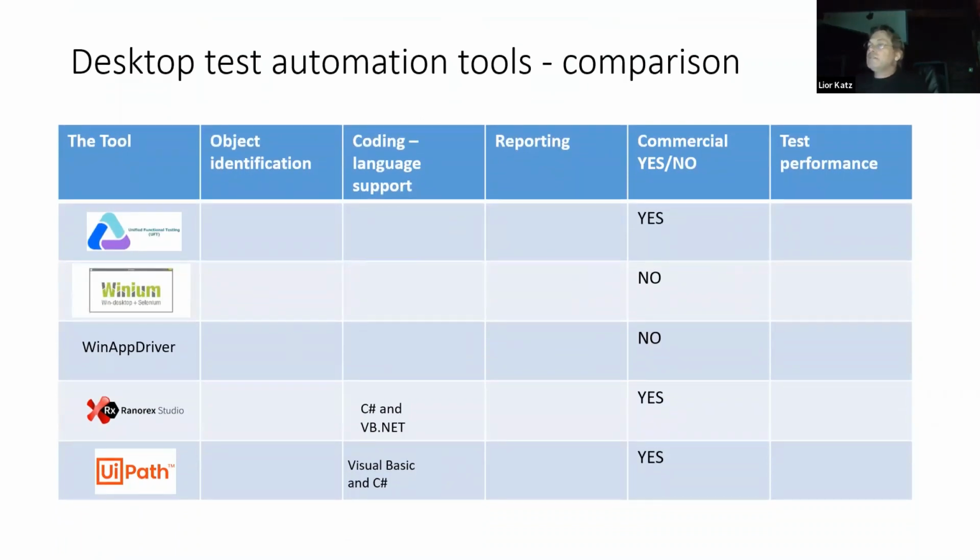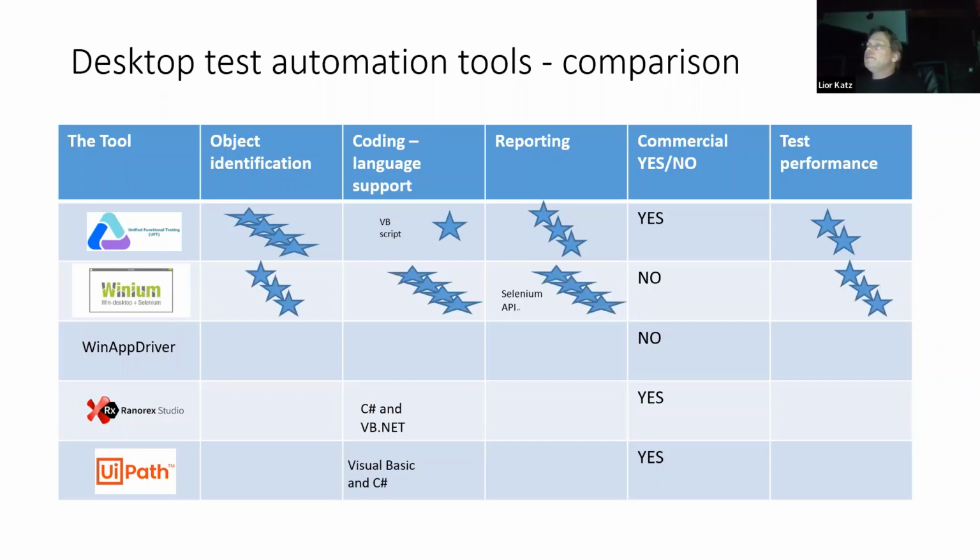When we're speaking about desktop test automation, now look, UFT has the advantage that it's an old tool, and in the past, 15 years ago, many applications were desktop applications, so it supports object identification very well. Again, it has VBScript, and it's an old one, and the performance is not so good. But again, if you're looking at a desktop application, I recommend you look at it.